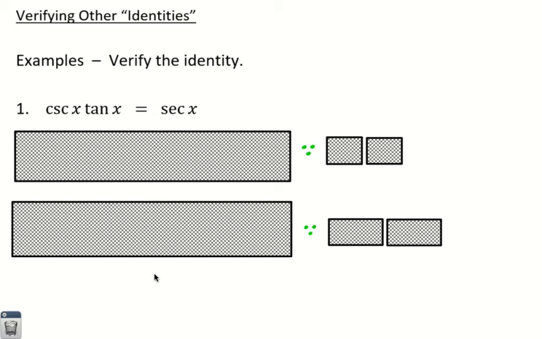Getting into these series of examples, here's what we're actually going to be doing in this section. We're going to be taking other random identities and verifying them. In other words, proving that they are true, proving that they actually are identities.